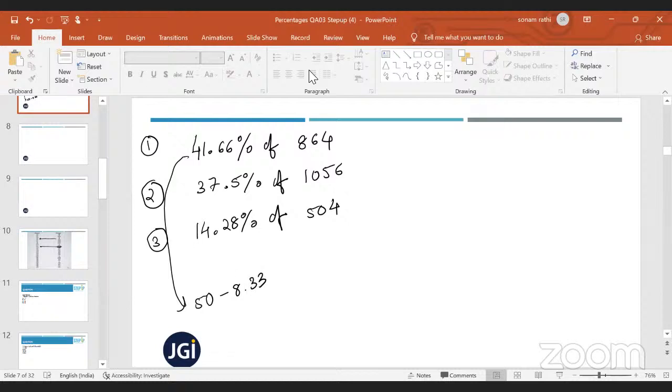How much is 50 in our list? 1/2. 1/2 minus how much? 8.33 in your list? 1/12. LCM is 12. 6 minus 1, 5/12. It means I can do 5/12 into 864.